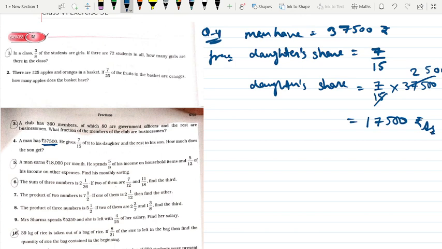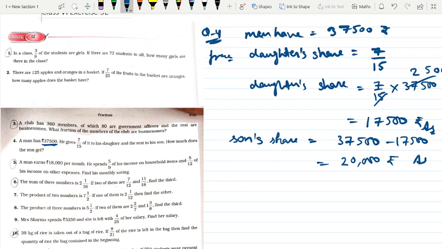Now we need to find out the son's share. In this question, how can you find the share of the son? Just simply subtract. The total amount the man had was 37,500 minus 17,500. So you will get 20,000 rupees.